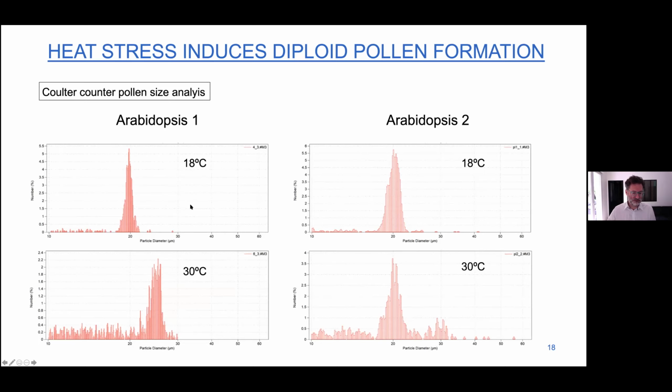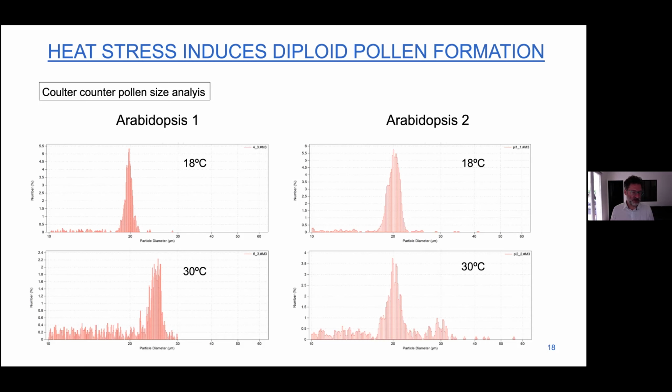When you grow these plants at 30 degrees for a short period of time, and then harvest during meiosis, and then harvest the pollen derived from this meiotic event, these pollen are by and large diploid compared to the haploid. And this is measured by means of the Coulter counter.